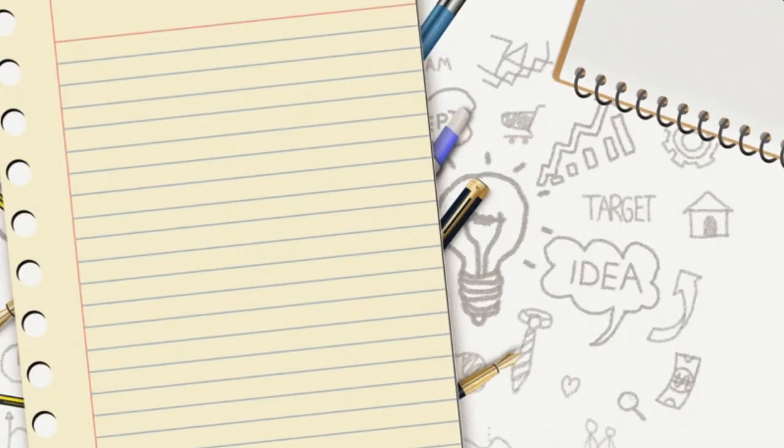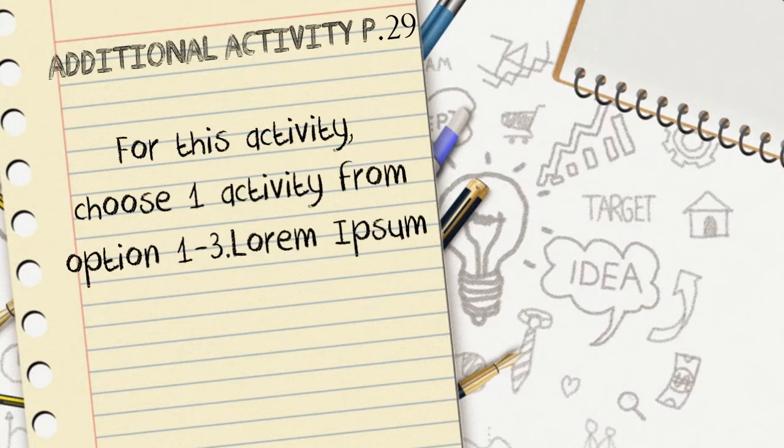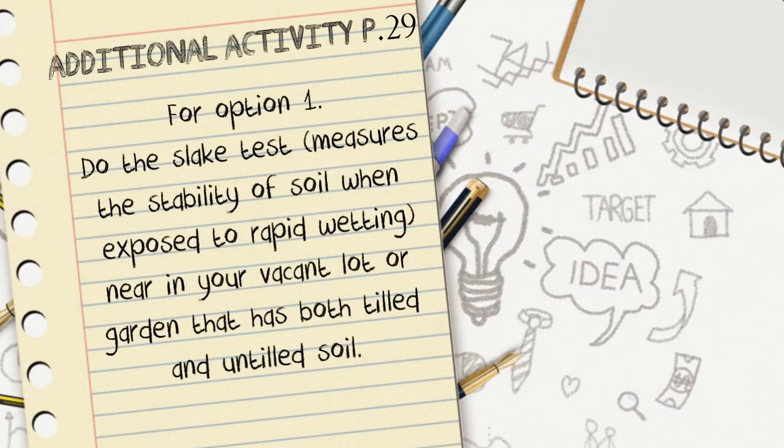Additional activity on page 29. For this activity, choose one activity from option 1 to 3. For option 1, do the slake test. Measure the stability of soil when exposed to rapid wetting near your vacant lot or garden that has both tilled and untilled soil.